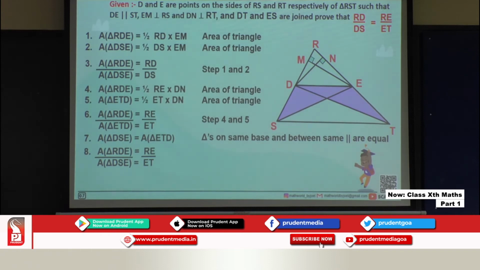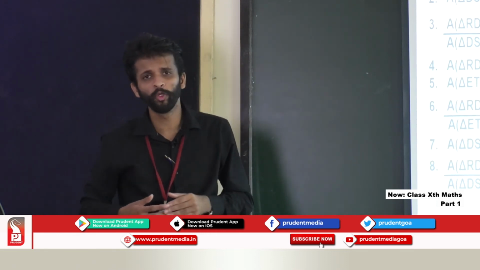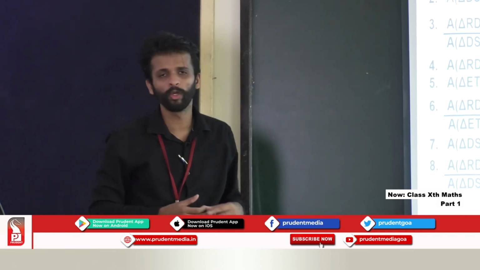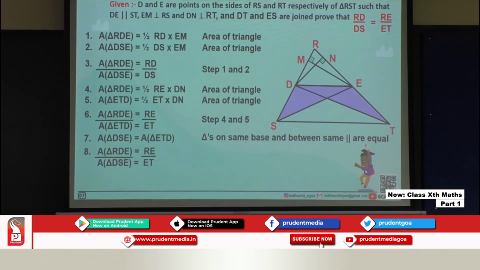Okay, so I've written step number 6 exactly as it is. All I've done is changed that denominator to DSE because in the previous step it was equal. So which are the steps that I have used to come up to this conclusion? I have used step number 6 and step number 7. Okay, so based on this, I have come to this conclusion for step number 8.